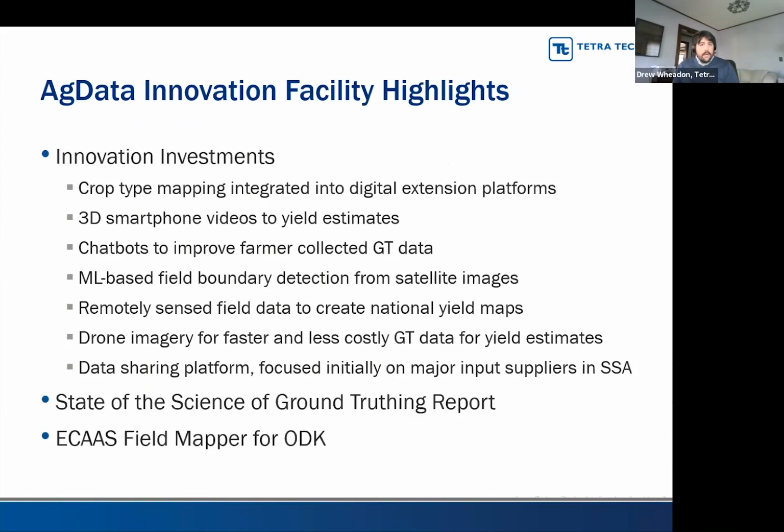The other major track of the work, and Stuart alluded to this, is really pushing the science and pushing the practice among this group of stakeholders that are working in this space. And we do this through the use of our AgData innovation facility. We have been investing in different teams and organizations for the last couple of years. Here's an illustrative list of the types of projects they're working on.